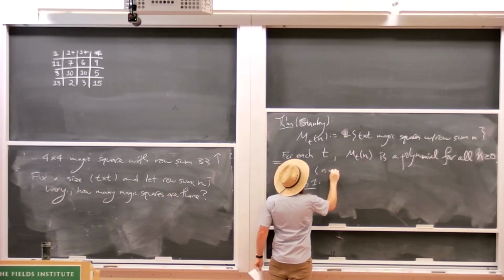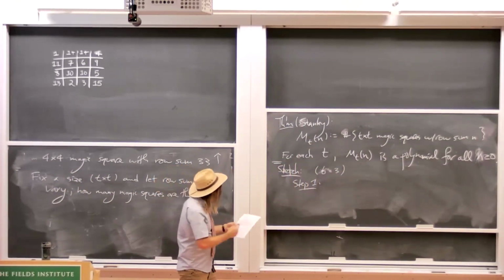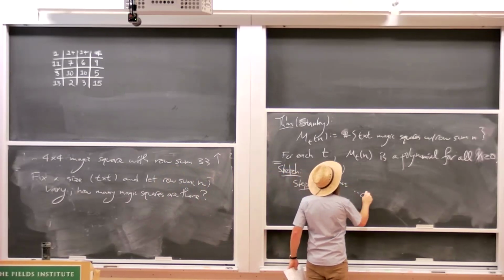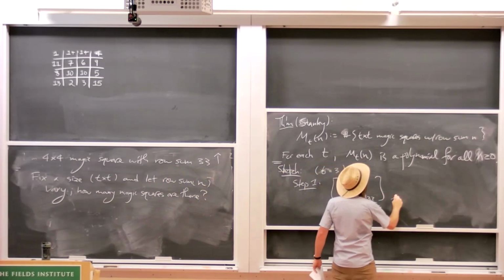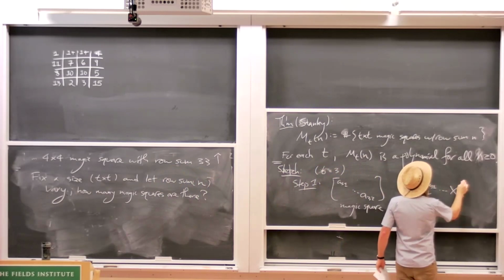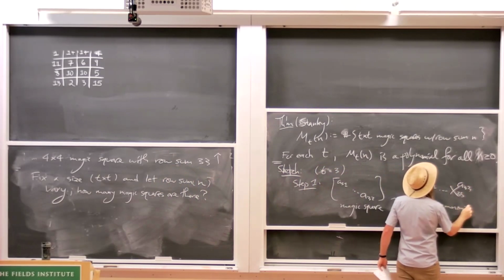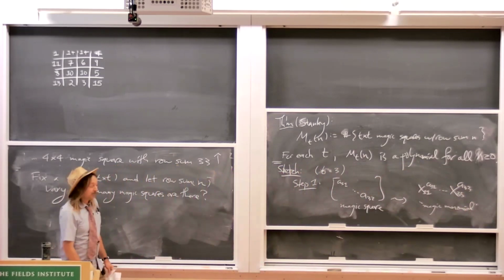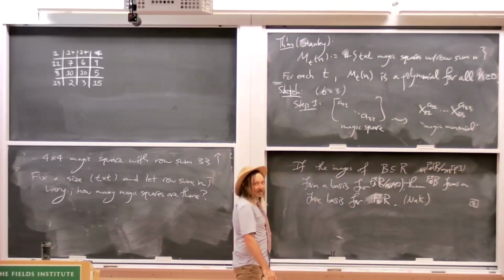Take t equals 3, just to be lazy. For every magic square, I will assign a magic monomial. Okay. There are many monomials that are not magic. It suffices to count the ones that are.